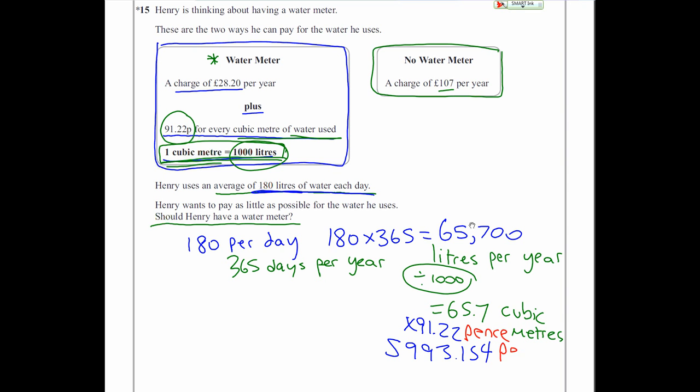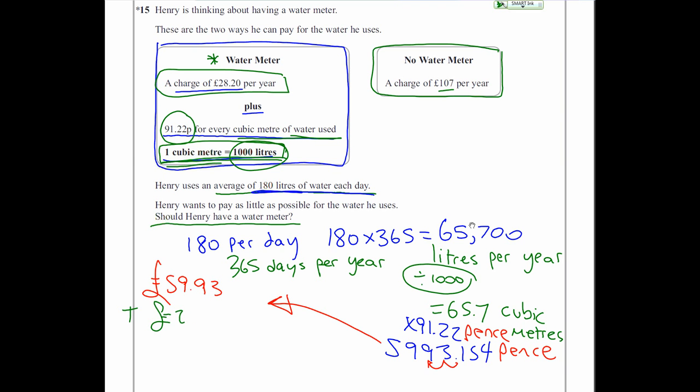So this is in pence. Very, very important. Okay? So if we want to know in pounds, well, you can just jump the decimal point. Okay? So it's £59.93 because we can round to the nearest pence. Now what we need to do is we need to add on the charge.